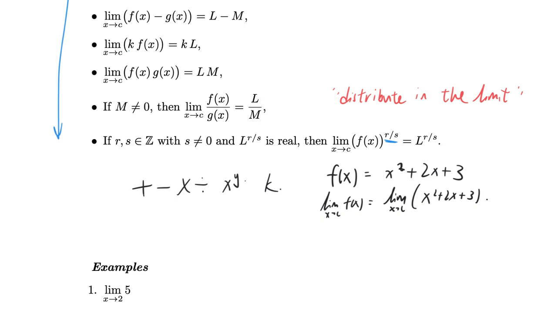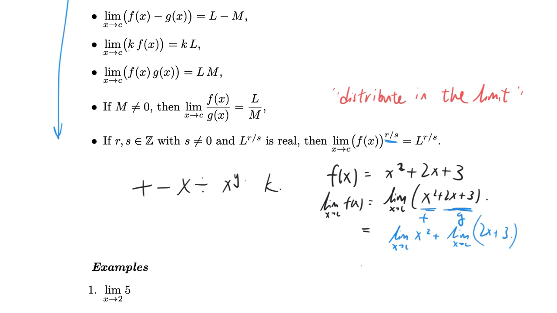And then because you can treat x squared as an f and the latter part as a g, the limit of a sum would be the sum of the limits, and you can rewrite that as the limit as x approaches c of x squared plus the limit of 2x plus 3.